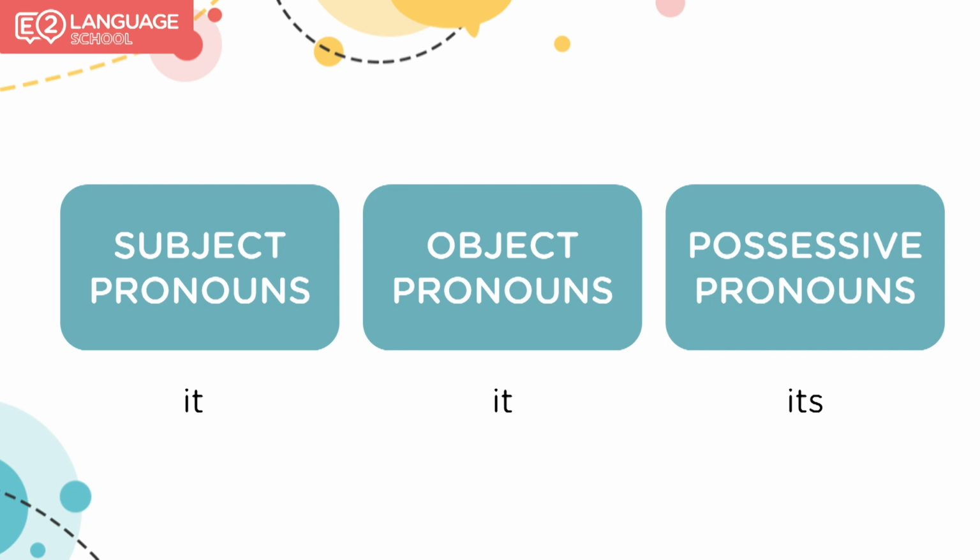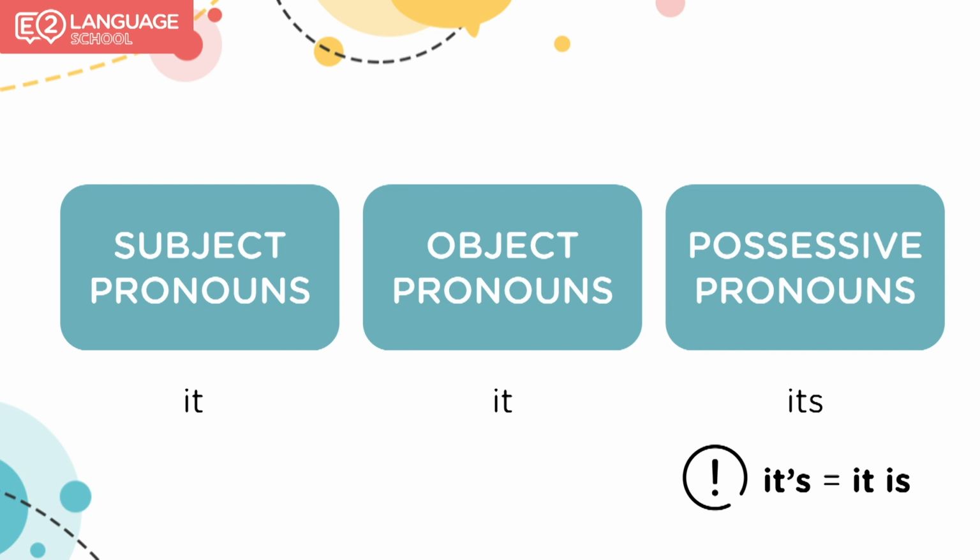its. Now, be careful with the possessive pronoun. It is not its, it apostrophe s. When you have the apostrophe, that is a contraction of it is. So that's a very, very common mistake to make, and in fact, many native English speakers also make this mistake.